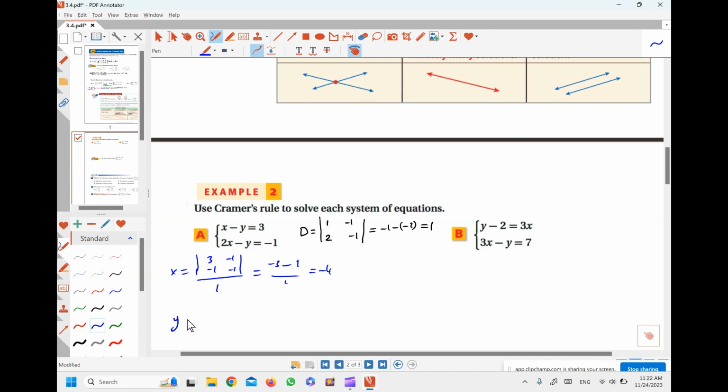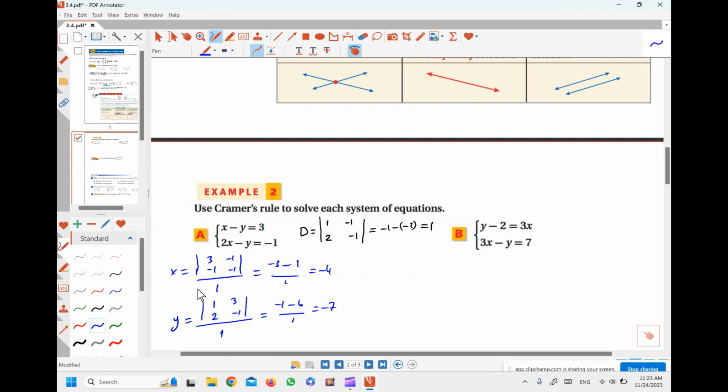What about the value of y? Similarly, you have 1 in the denominator. In the numerator, write the coefficient of x's as a column, 1, 2. You just replace the coefficient of y's by the constants, 3, negative 1. And take the determinant, 1 by negative 1, negative 1, minus 3 by 2, 6, over 1, which is negative 7.